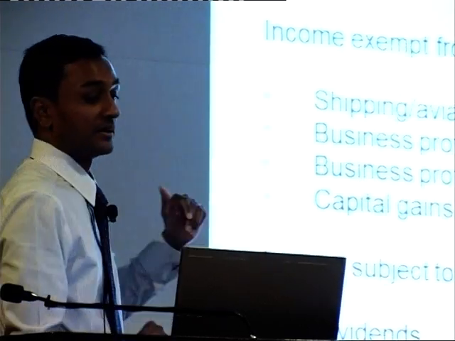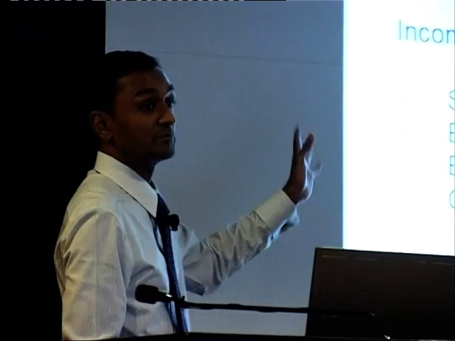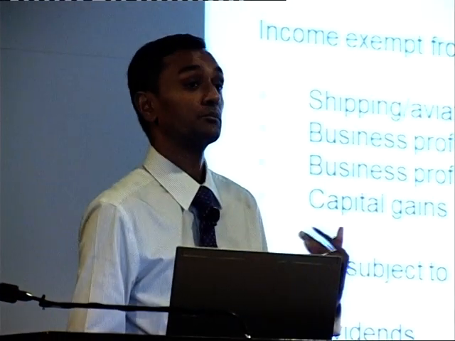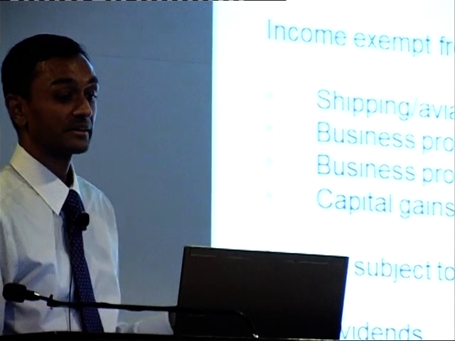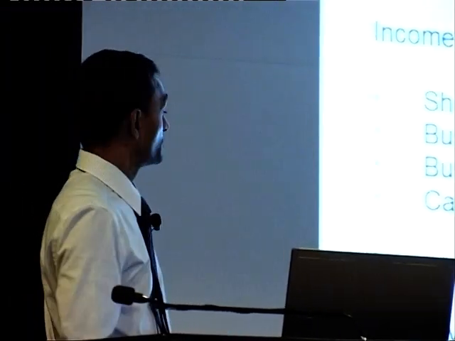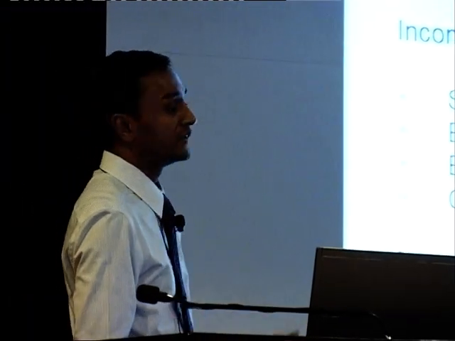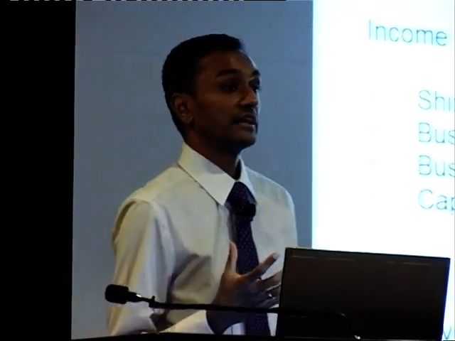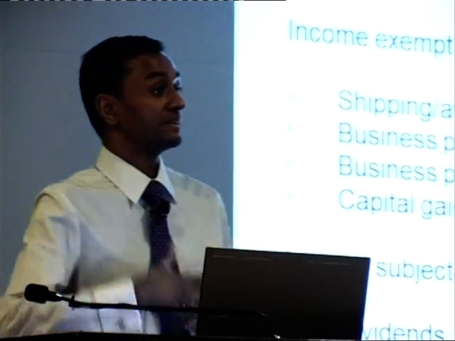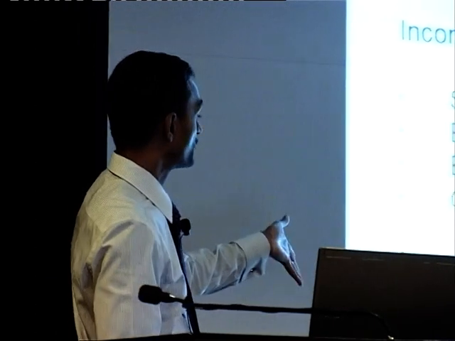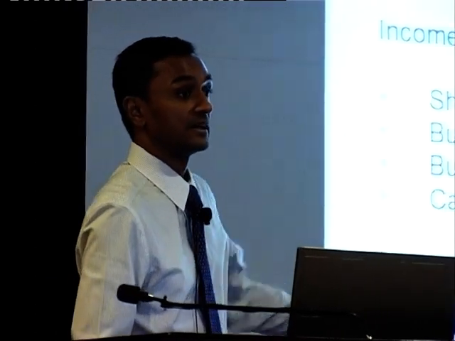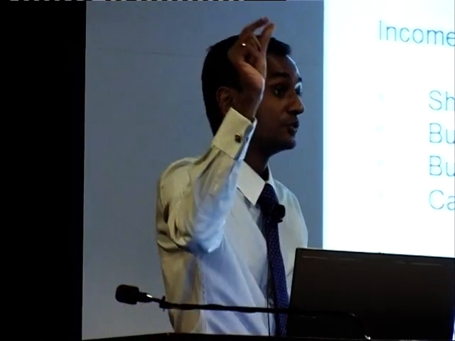Then there are certain types which are exempted from tax, like shipping income. Some treaties provide for full exemption, some provide for partial exemption. Then we have types of income which are reduced at source. That means Singapore is given a right to tax these, dividends, interest, royalties, or technical service fees, but under the treaty, the rate is reduced.